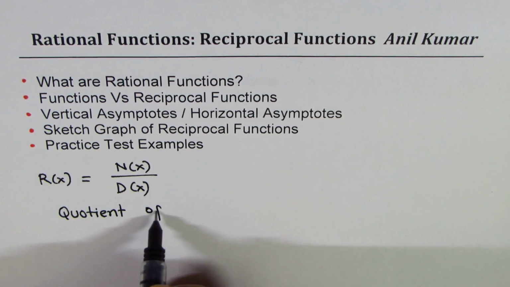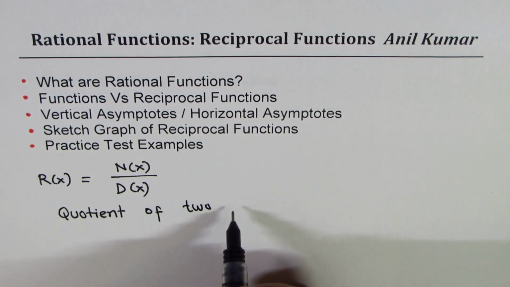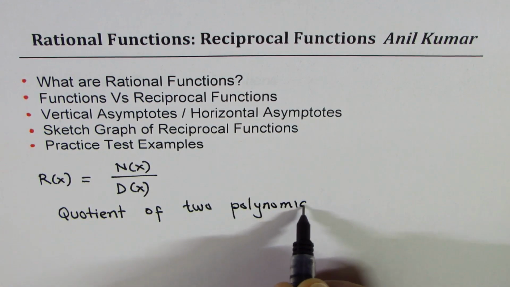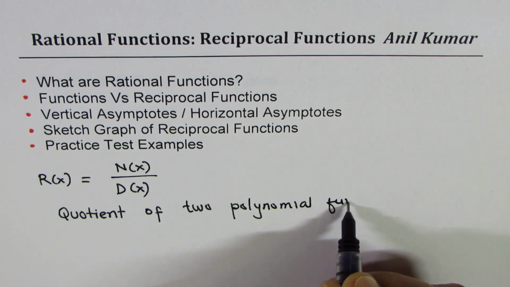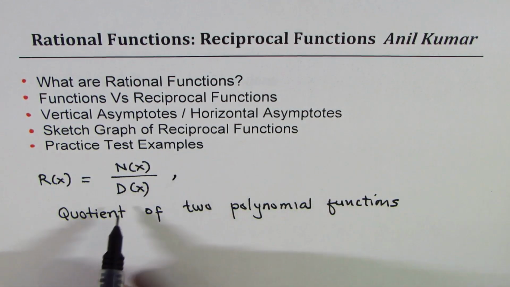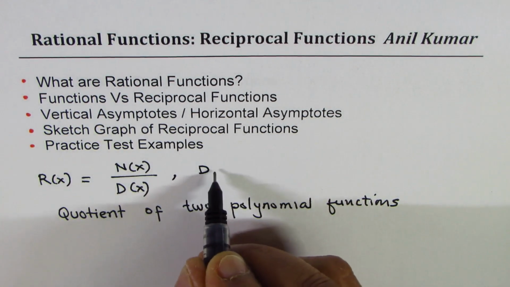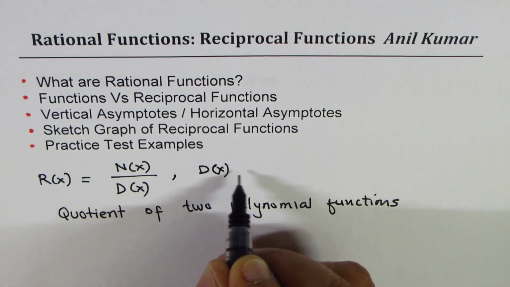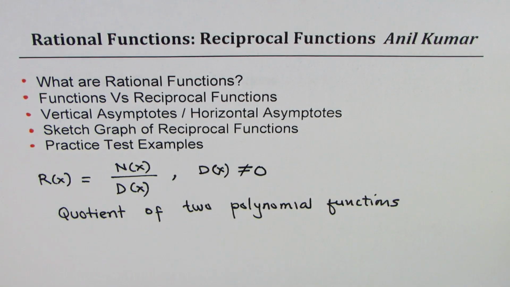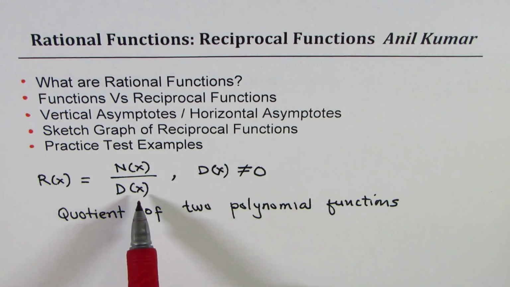Of course, the denominator cannot be 0, and therefore we have a restriction that d of x is not equal to 0. So in every rational function, we have a restriction.